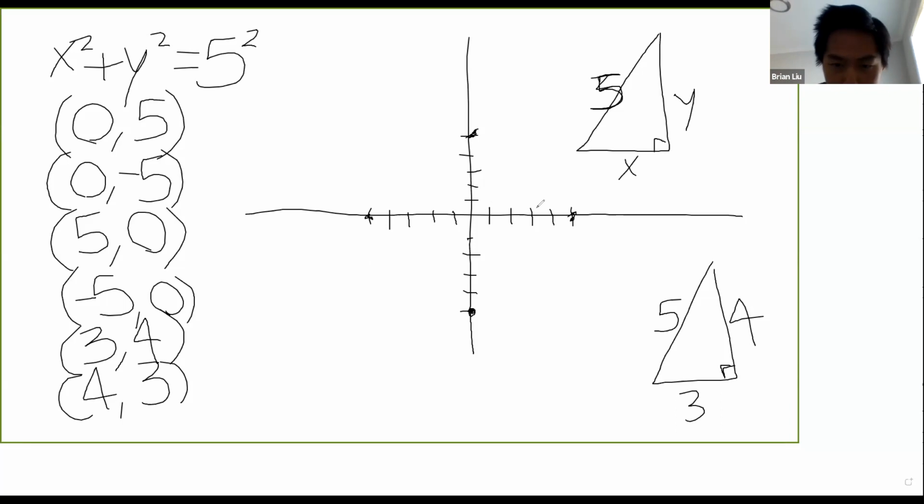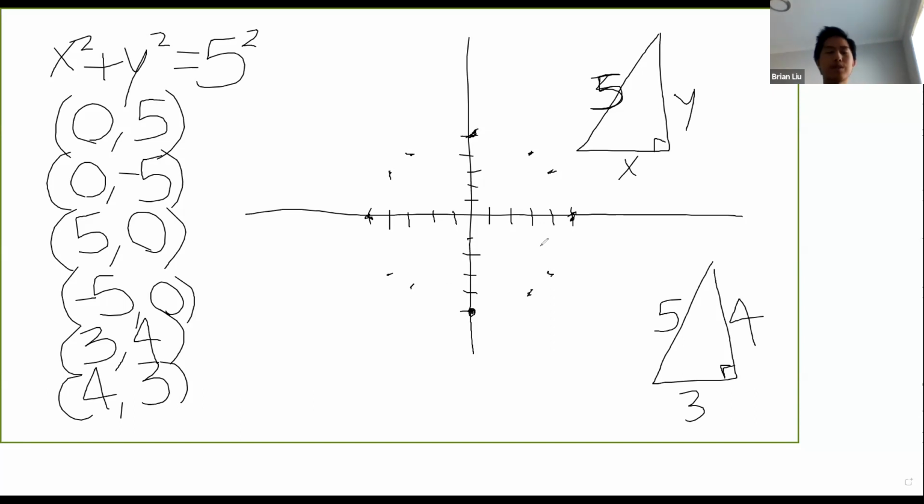So we have here 4, 3, 3, 4, negative 4, 3, negative 3, 4, 4, negative 3, 3, negative 4, and so on. And so we have this point, this point, and all these points.